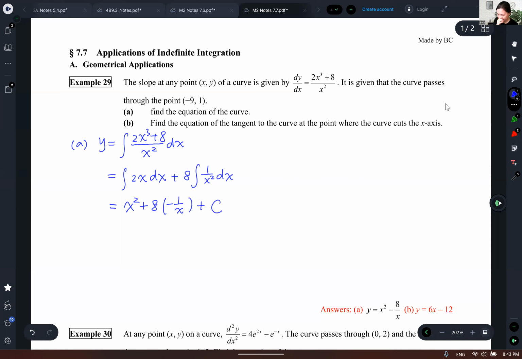Let's see. Okay, that's not the end. That doesn't mean you found the curve. It's almost done. Now you must make sure that the curve passes through the given point. So you will substitute the point into y equals x squared minus 8 over x plus c.